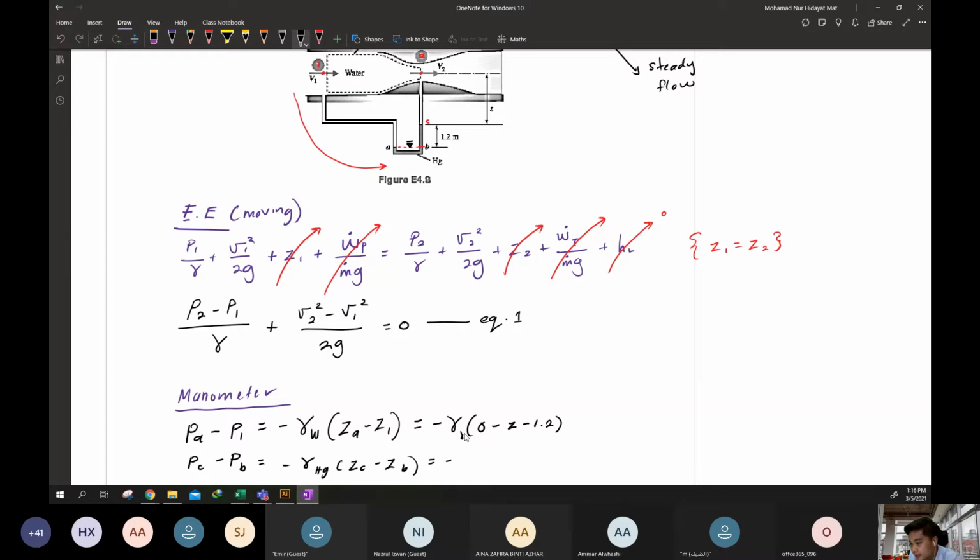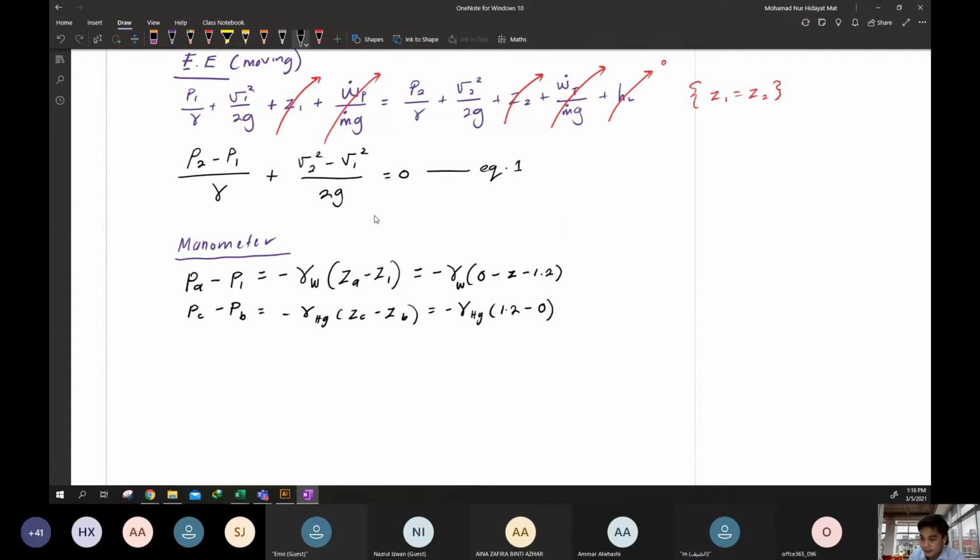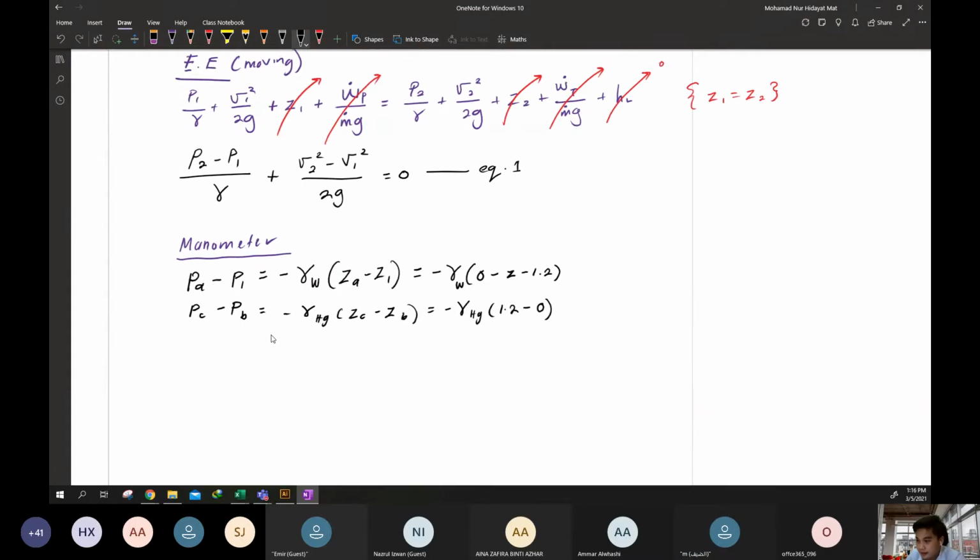This is water, yeah? Sorry, this is water. This is gamma of mercury. Alright, Z_C, what is the value of Z_C? Which is 1.2 minus 0. Okay, and then the last, the final.